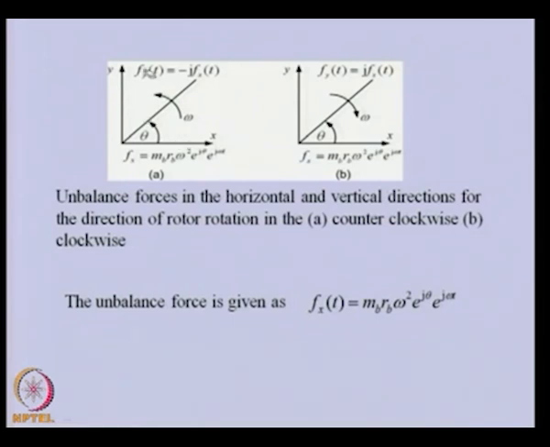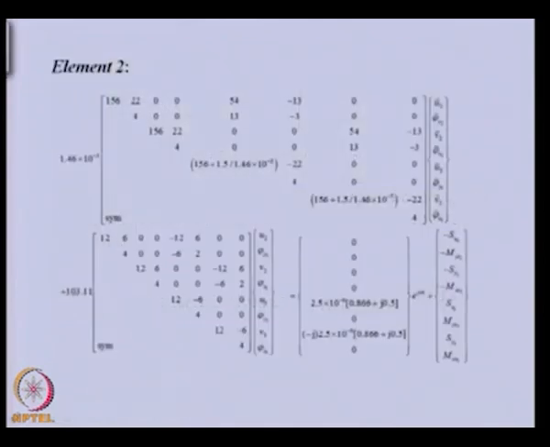So Fx and Fy, because they are components of the same force and they have a phase difference of 90 degrees, they will be related by minus j, because this represents the minus 90 degree phase. So this is the horizontal force, and if you multiply by minus j, that will be the component of the force in the y direction.